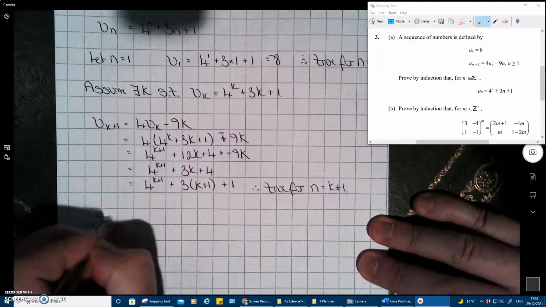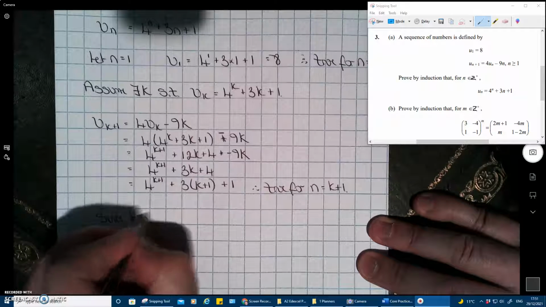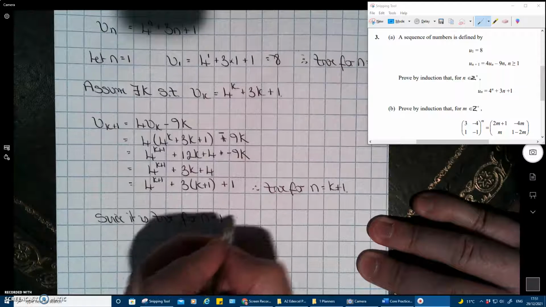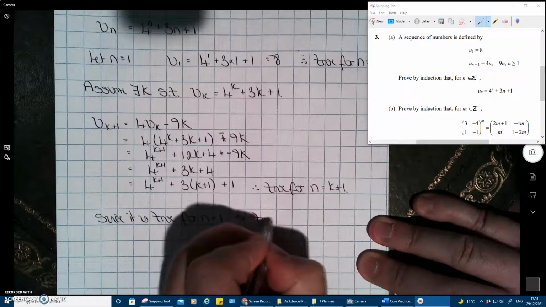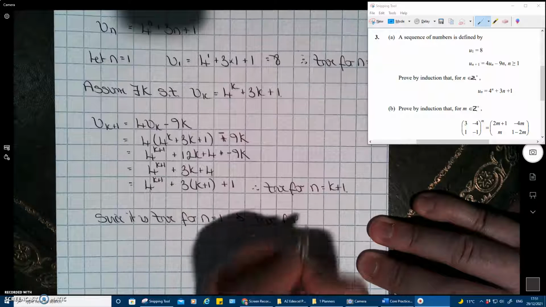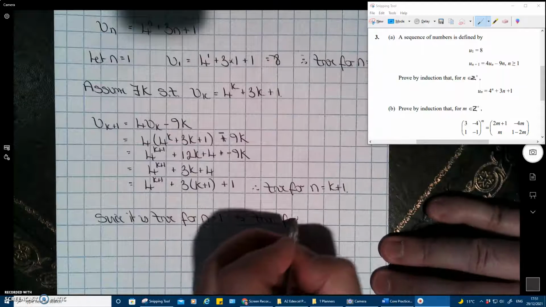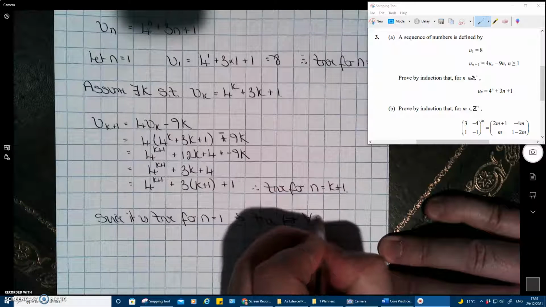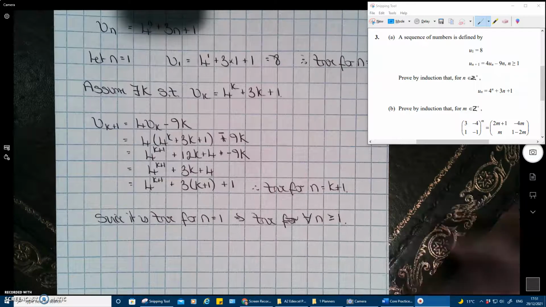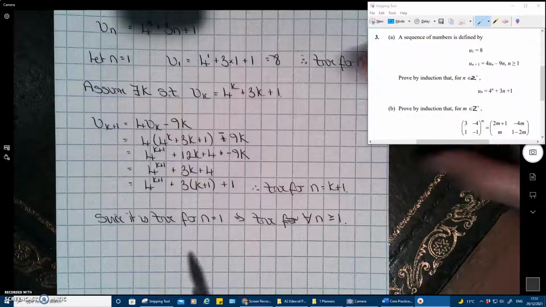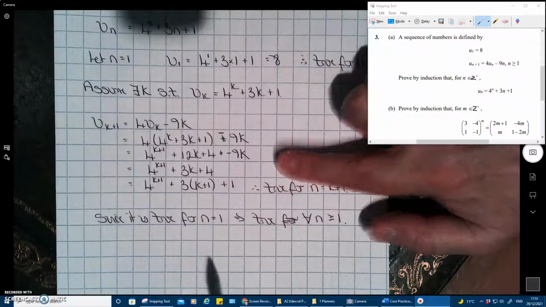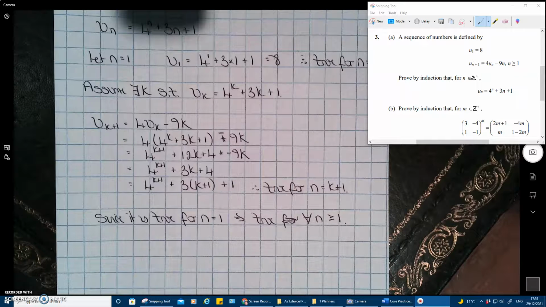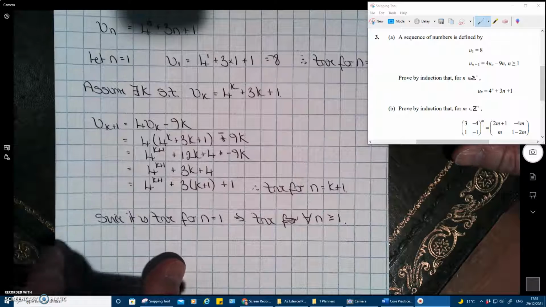Okay, since it is true for n equals 1, this implies it's true for all n greater than or equal to 1. Okay, so we've shown it's true for 1, we've shown if it's true for k, then it's true for k plus 1. Therefore, since it's true for n equals 1, it implies it's true for all n greater than or equal to 1.